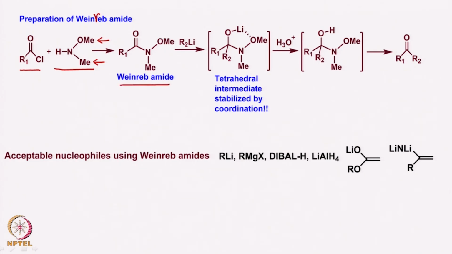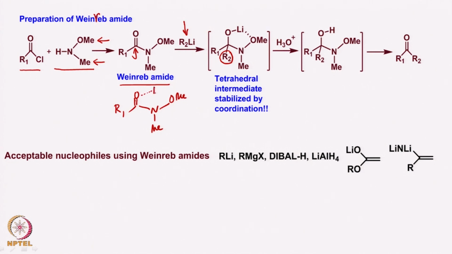Now when this Weinreb amide reacts with a nucleophile, say for example I have written here R2Li, but it can be Dibal or anything where R2 is a nucleophile, then this R2 attacks the carbon of the carbonyl moiety. What is happening here is that the reaction is initiated with the coordination of the lithium plus.